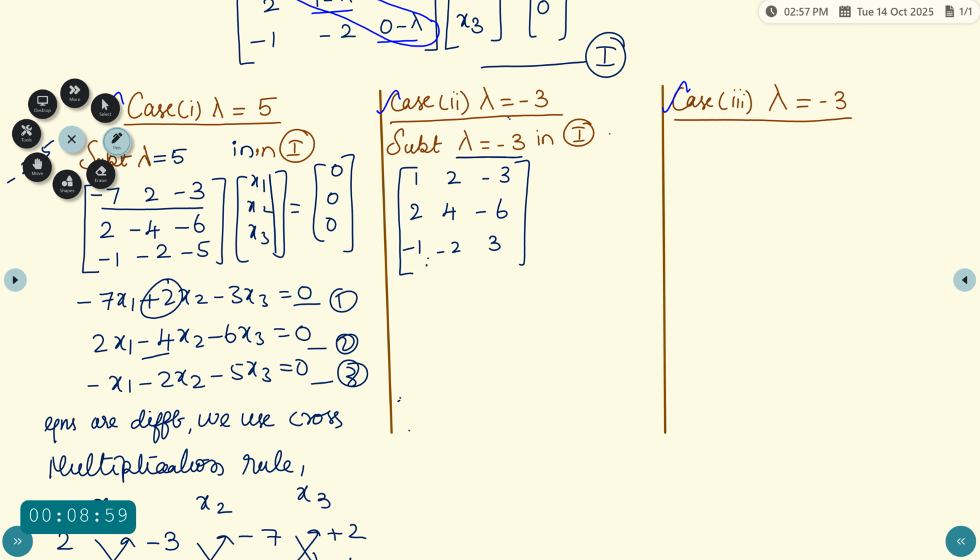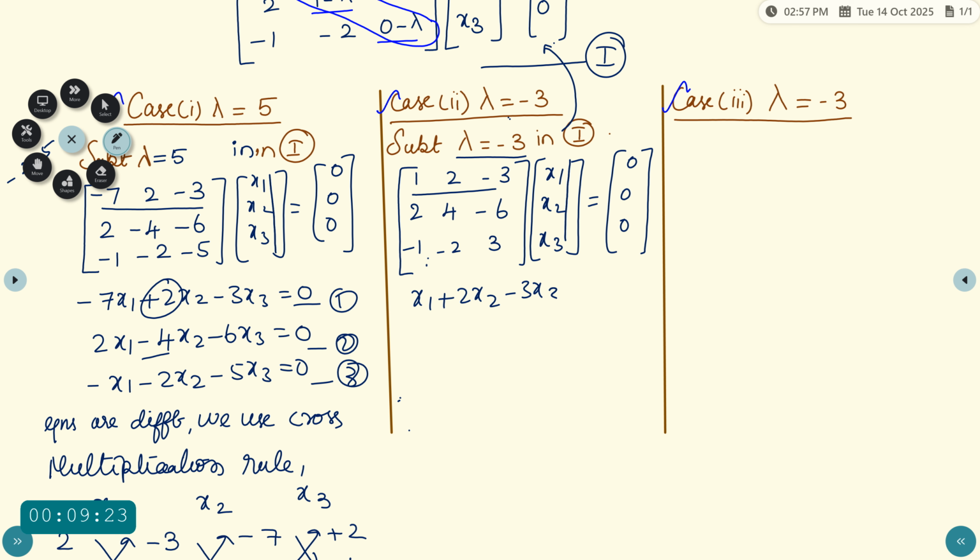Here you are substituting the lambda value in equation I. Next, multiplied by x1, x2, x3 equal to 0, 0, 0. Now we form the equations by the same method. X1 plus 2x2 minus 3x3 equal to 0. Second equation: 2x1 plus 4x2 minus 6x3 equal to 0. Third equation: minus x1 minus 2x2 plus 3x3 equal to 0.